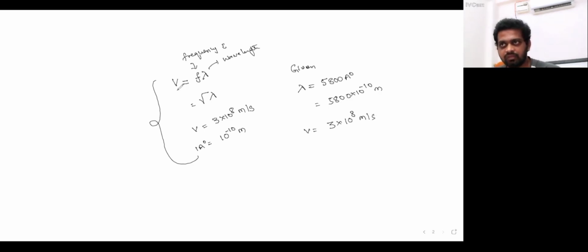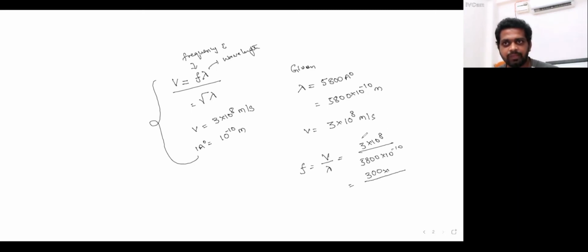From the formula, frequency can be written as v divided by lambda. The value of v is 3 into 10 to the power of 8 divided by 5800 into 10 to the power of minus 10. So I will rearrange this equation as 300 into 10 to the power of 8.